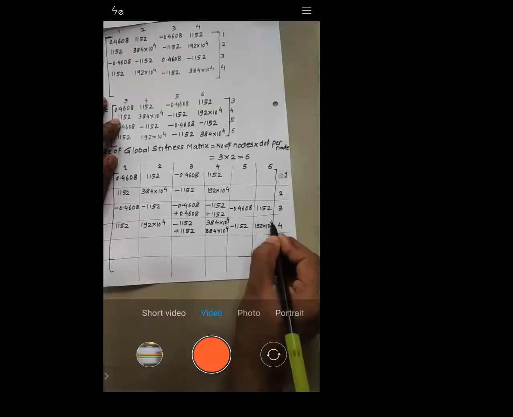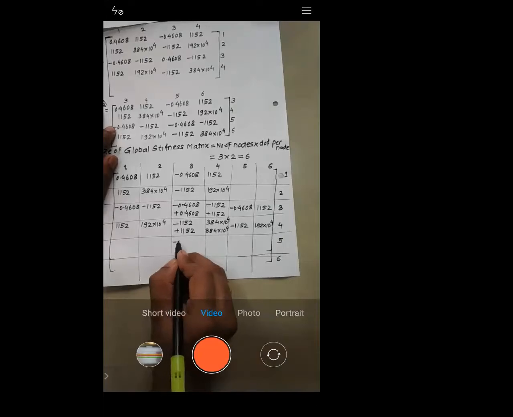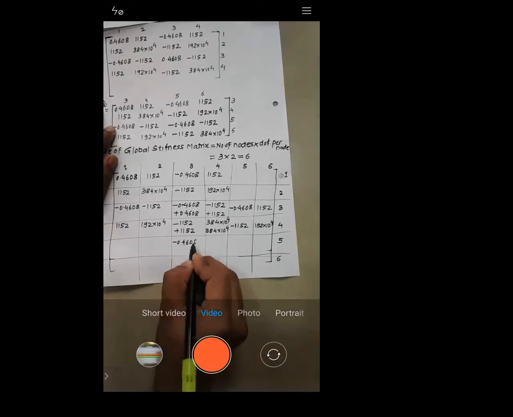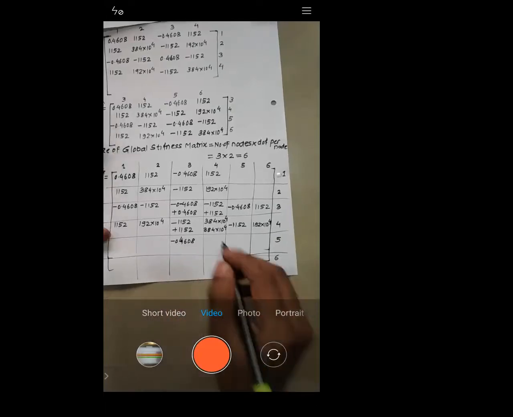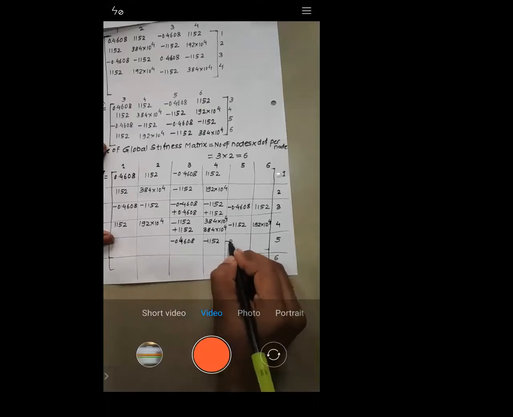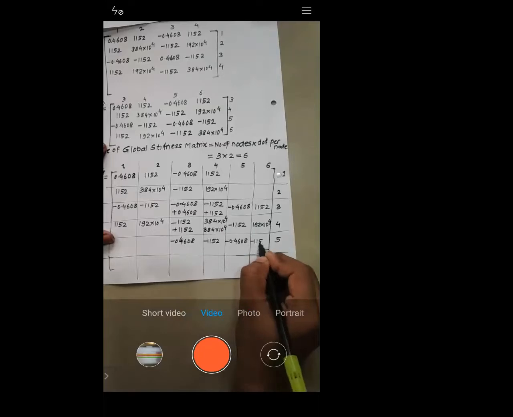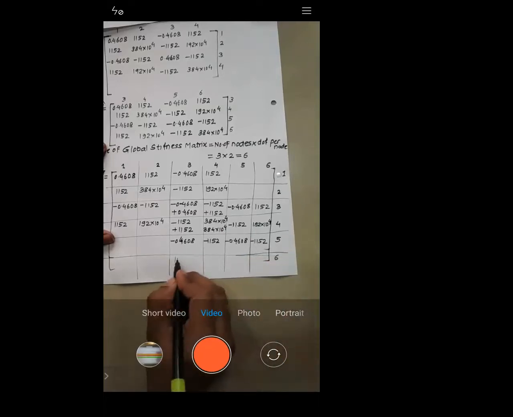Then minus 0.4608, minus 1152, minus 0.4608, minus 1152. Here again 1152.